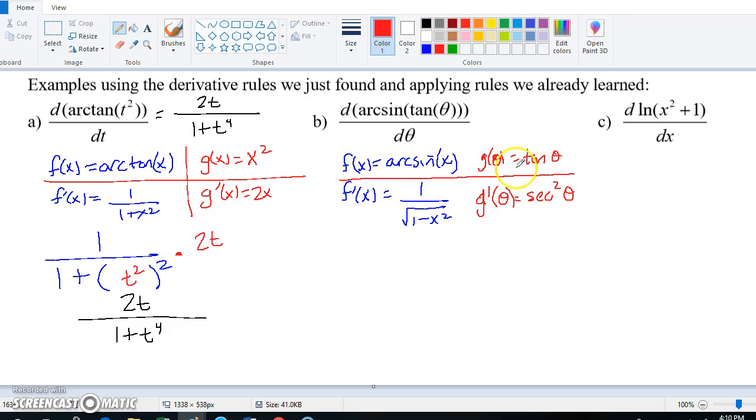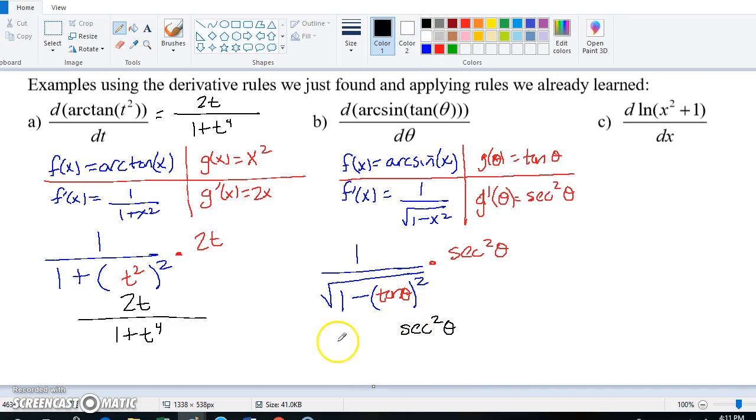We're going to use the chain rule in this scenario. So that means we're going to do 1 over the square root of 1 minus something squared. That inner function is tangent theta. We're going to multiply by secant squared theta. So in the end, this derivative is secant squared theta over the square root of 1 minus tangent squared theta. If this had been a plus, we could do some simplification, but it's not.